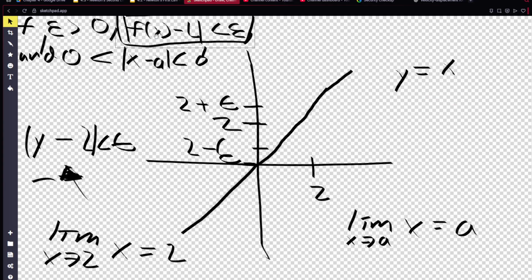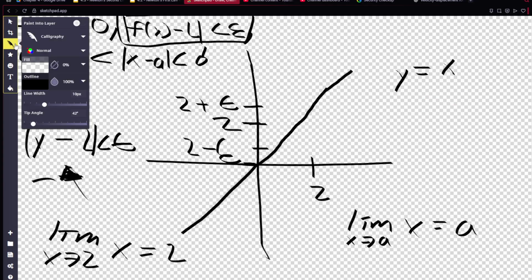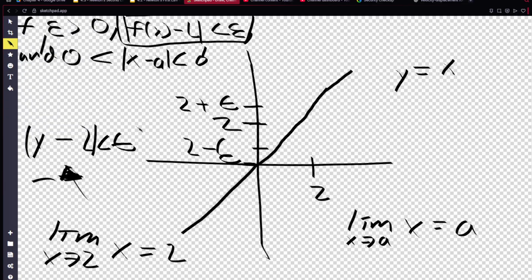So remember, the absolute value of f of x minus L simply gives us how far or how close an output value is to the limit value. That's all it means. Same thing, the distance between a function's output and the limit value. So here, it would be the absolute value of y minus 2 is less than epsilon. And x minus a, so remember the limit notation is this right here, will give us the distance from x to a, and that is denoted as less than a delta value.